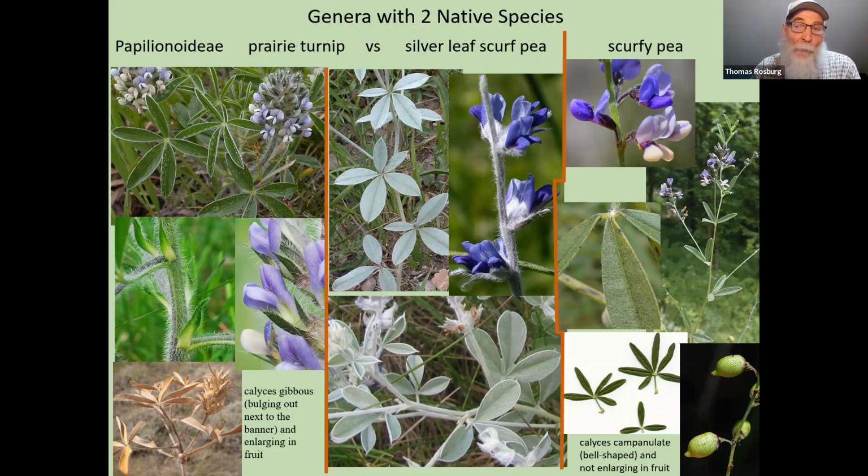now we're looking at some genera with 2 native species. And what we have here are the prairie turnip and the silverleaf scurf pea. Both of these are in Pediomelum, the genus Pediomelum. And then as far as Eilers and Rosa goes, the one on the far right is scurfy pea. That's Pediomelum tenuiflorum.